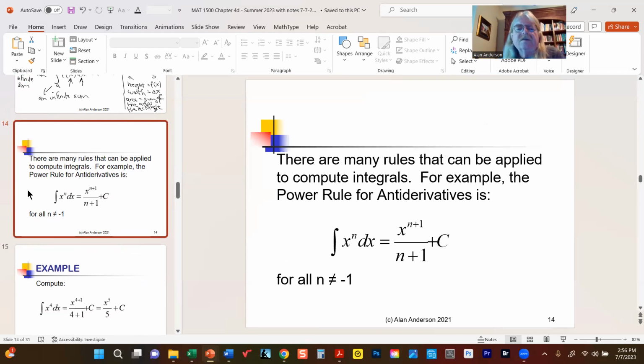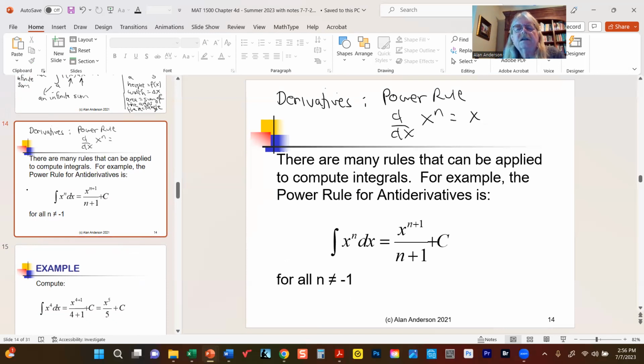Now for derivatives, as you recall, the power rule is d dx of x to the n is n x to the n minus 1. If we work this backwards, the integral of x to the n power dx is x to the n plus 1 over n plus 1.